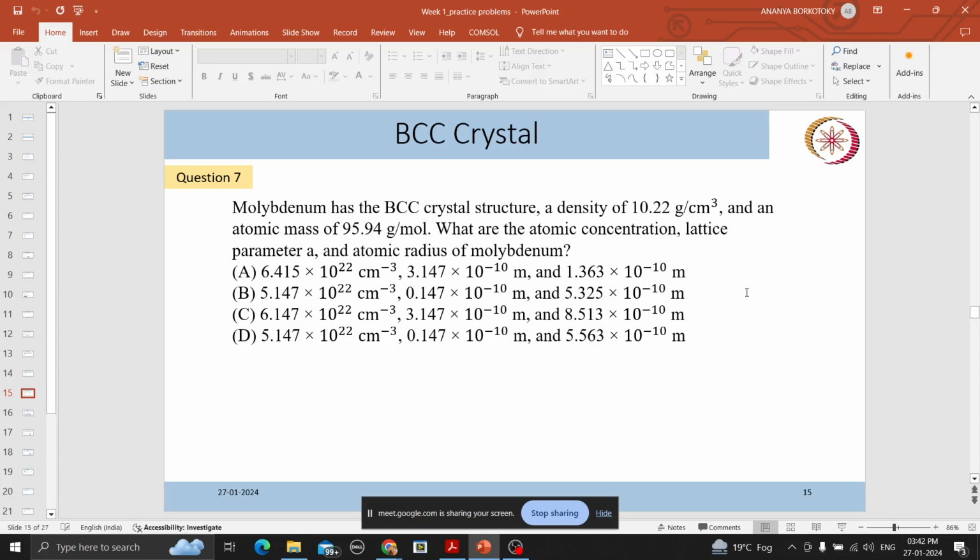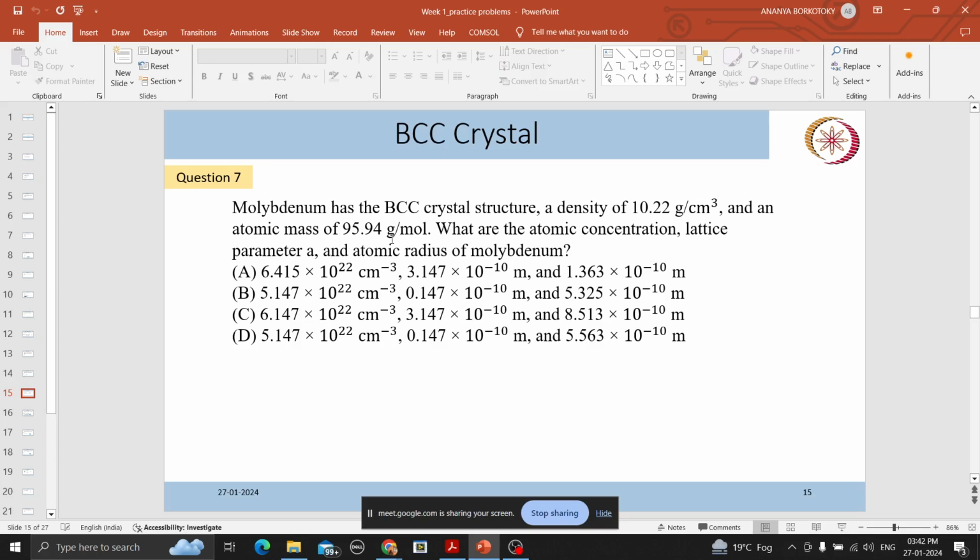You have already solved one similar question, the density for diamond lattice. What were the parameters given in that question? You calculated the density. Here density is given already, and the atomic mass is given.